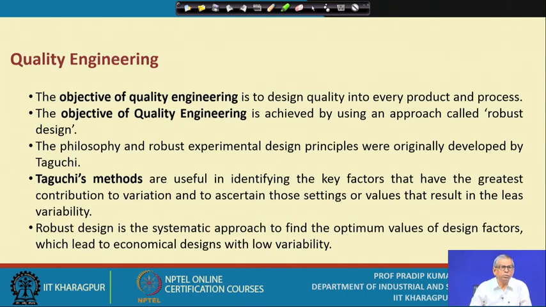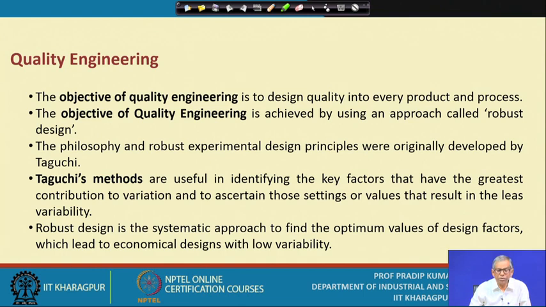These days we have been using the term called quality engineering, and there should be very clear ideas about what actually it is and what actually it does. Obviously, the main objective of quality engineering is to design quality into every product and process. So this is the core objective of quality engineering.